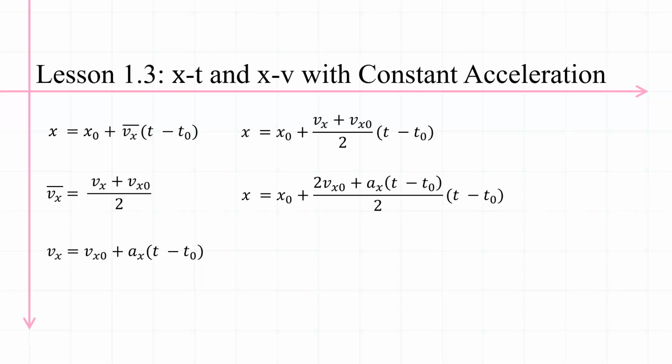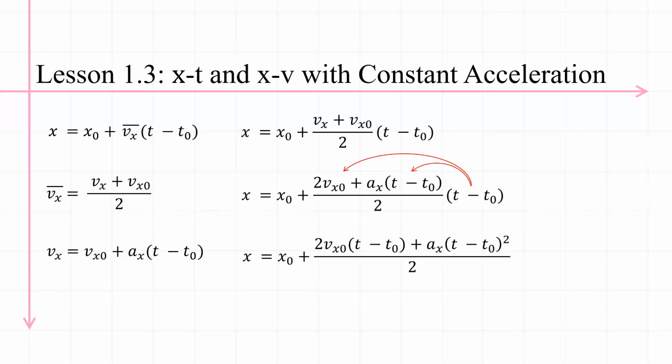Whenever I multiply an expression, 2Vxo plus ax times t minus to, by another expression, I actually need to distribute that expression to both terms. So once I've actually multiplied both terms by t minus to, I get this even more complicated looking expression at the bottom. But actually I did simplify it a bit by distributing that t minus to in.